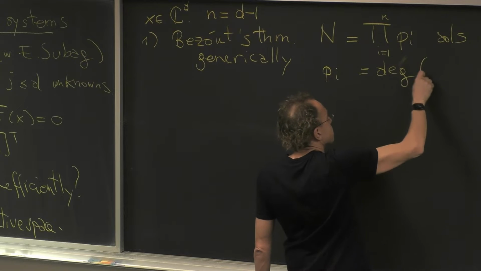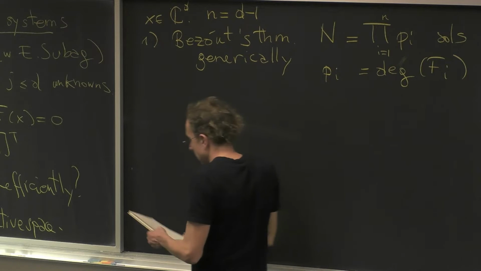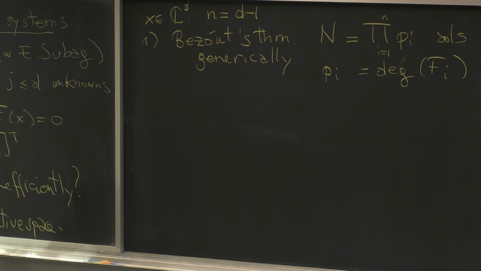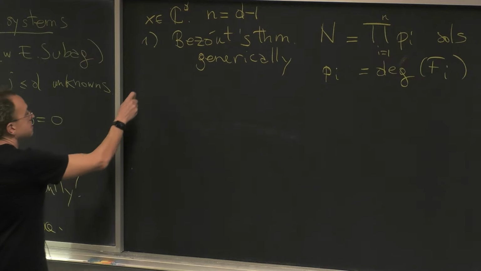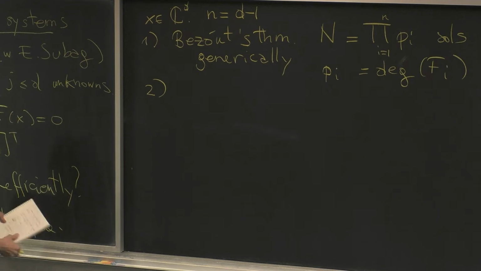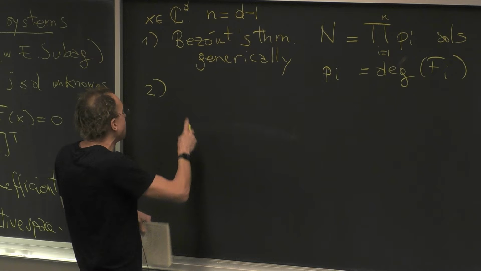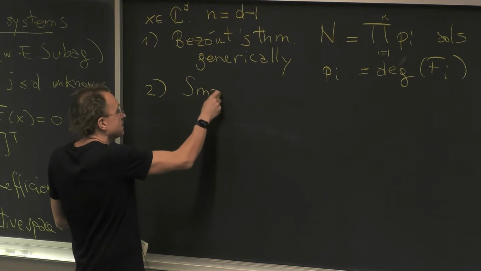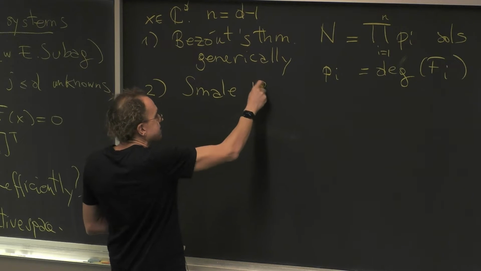This is the degree of fi. This is a very classical theorem. It's perhaps the first theorem in algebraic geometry. The second question is much more difficult and was asked by Steve Smale in 1998.